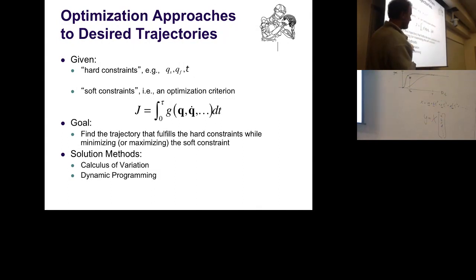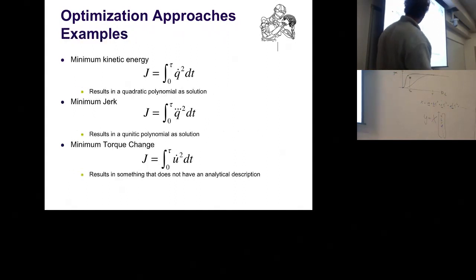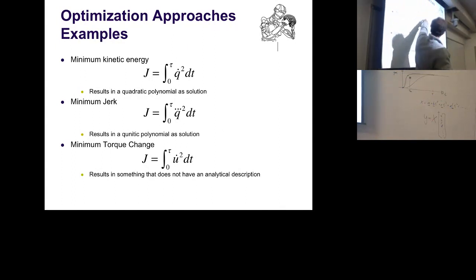There's two ways of doing this. There's what's called the calculus of variation, which is really directly manipulating functions, or dynamic programming, which does that more in an empirical way. But there's some very cool results which came out of that. If you basically have a start and an end point, we just do point-to-point movements right now, and your cost which you want to minimize is the squared velocity of the movement.